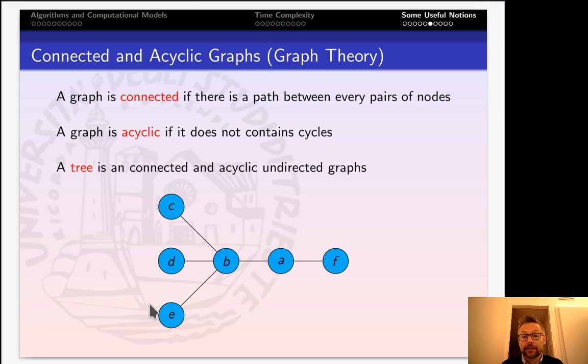We will see that this notion, the notion of tree, is slightly different from the computer science point of view. However, please remember, from a graph theoretical point of view, a tree is a connected, acyclic, undirected graph.